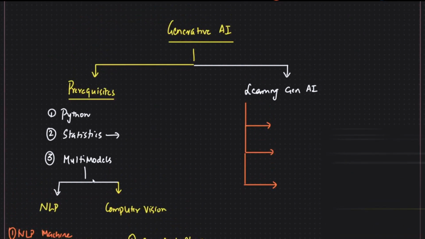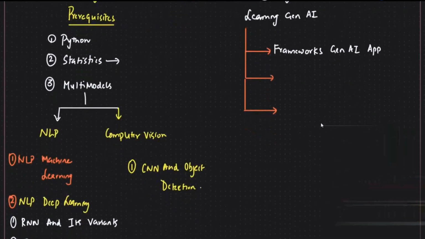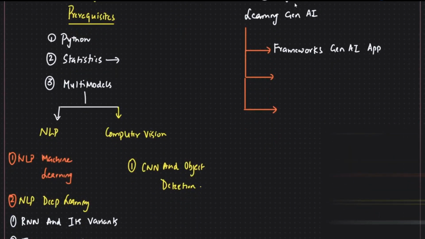If I talk about learning generative AI, the first thing you definitely need to know about is frameworks, frameworks to develop Gen AI applications. There are a lot of things I specifically want to talk about.